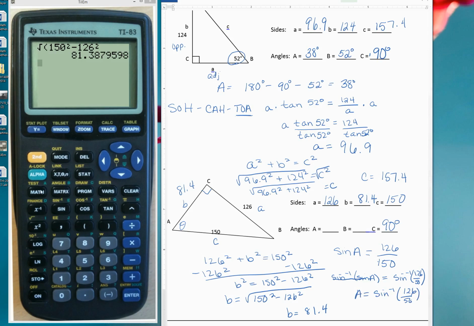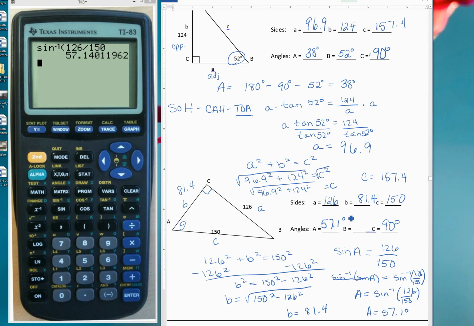So sine inverse is here in yellow, so we're going to do second sine inverse, 126 divided by 150. Okay, so we get A is 57.1 degrees.